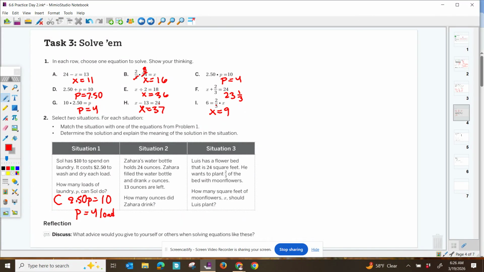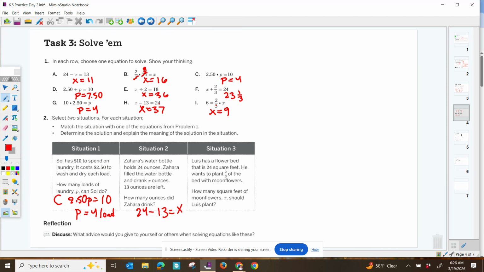Zara's got 24 minus 13 equals X. That one is 24. She drank X. How else could I write that?